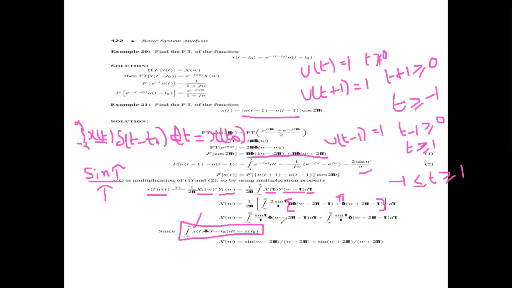Sine tau by tau, delta is there here, delta of tau, and take the minus of omega minus 2 pi. Why am I taking the delta of, take the minus as common, tau minus omega plus 2 pi.